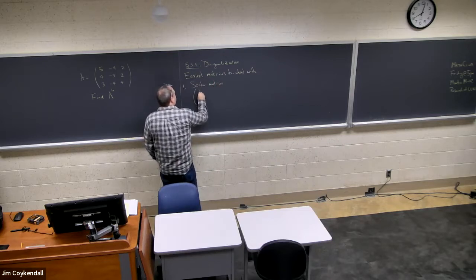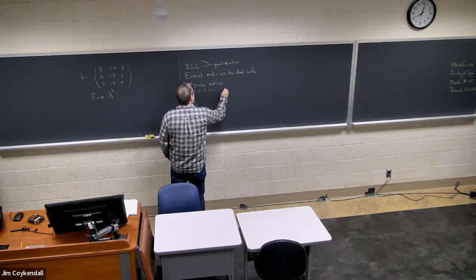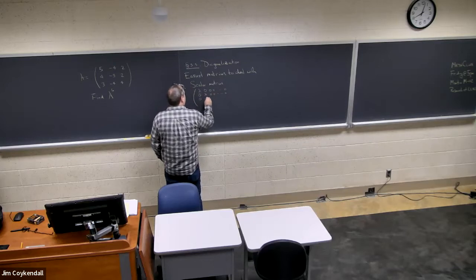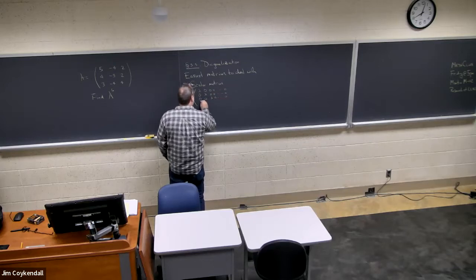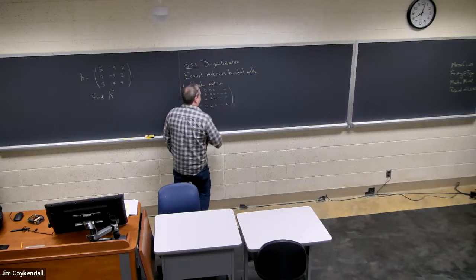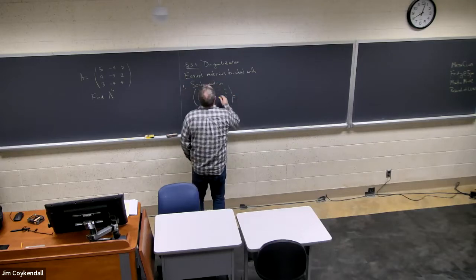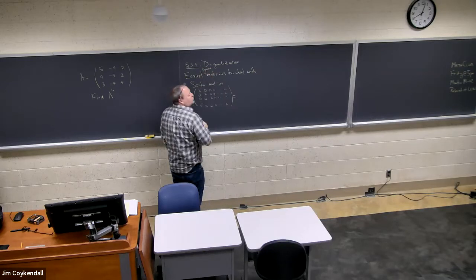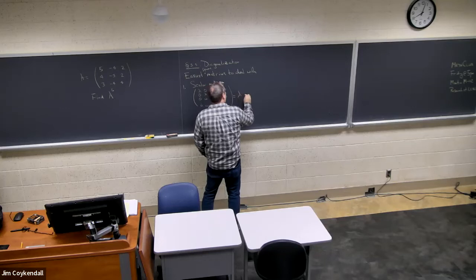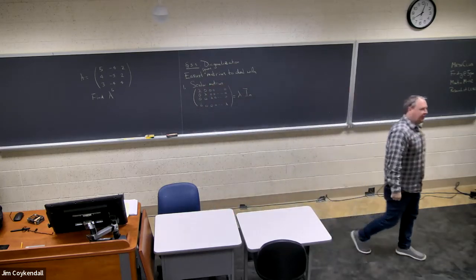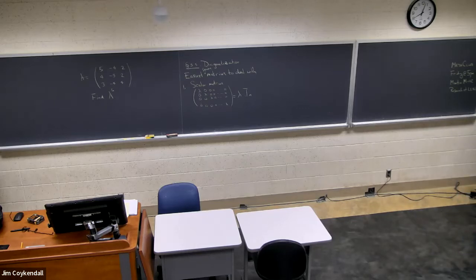They're the ones that look like this. And let me make clear that I'm talking about square matrices. They're called the scalar matrices because they're just a scalar, lambda, times the identity matrix.